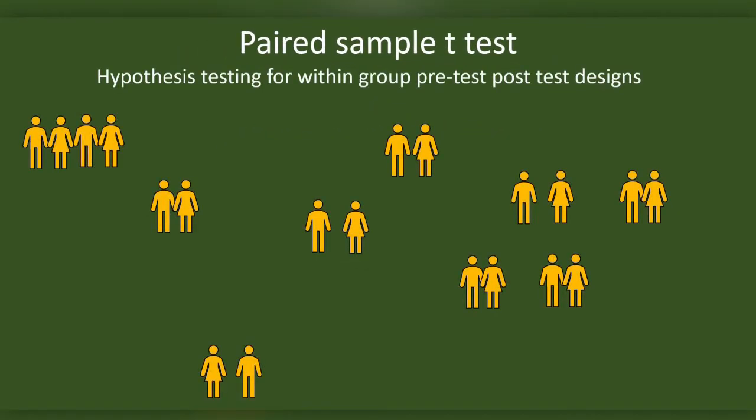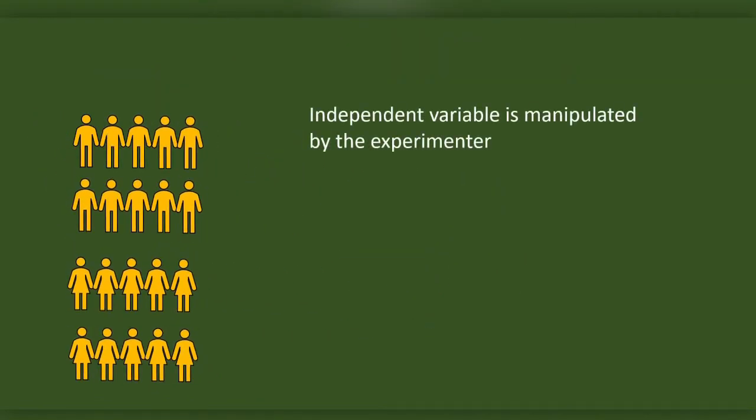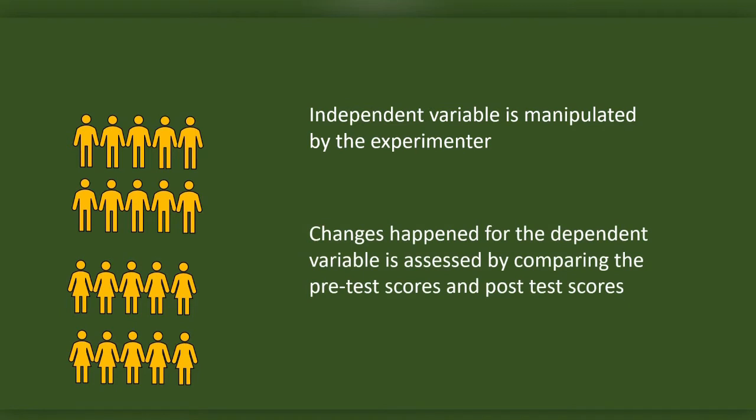We will use a paired sample t-test to test a within group research hypothesis with a pre-test post-test design. In such a design, the experimenter will manipulate the independent variable and examine how it has an effect on the dependent variable. For instance, imagine there are a set of participants.